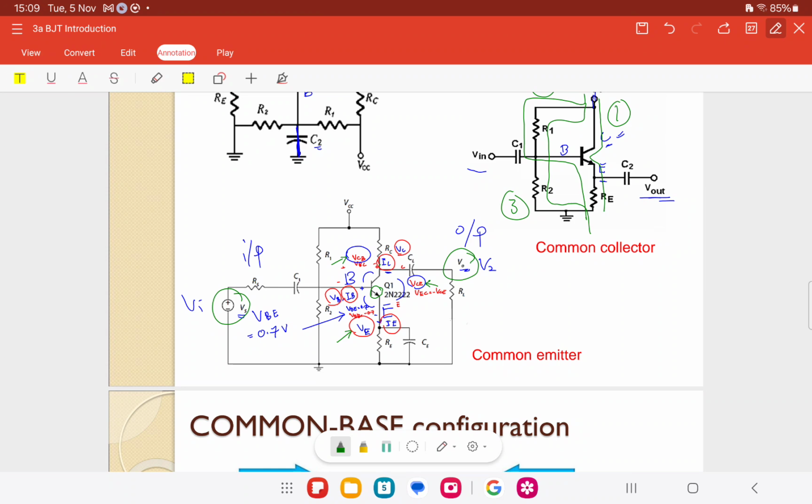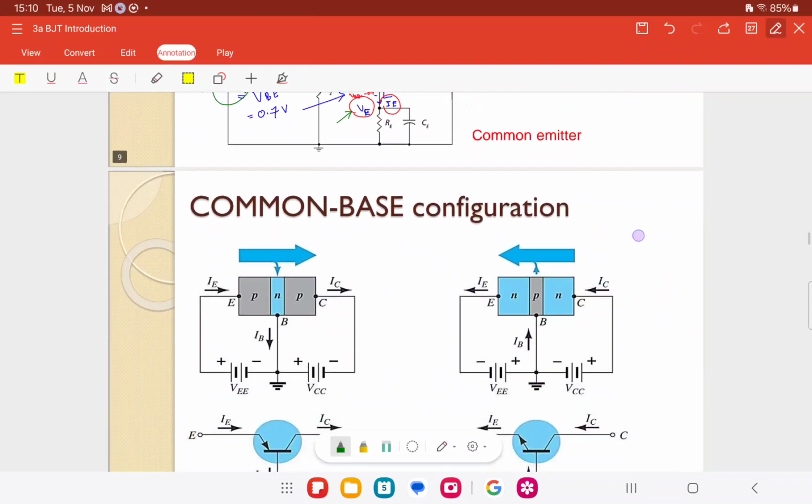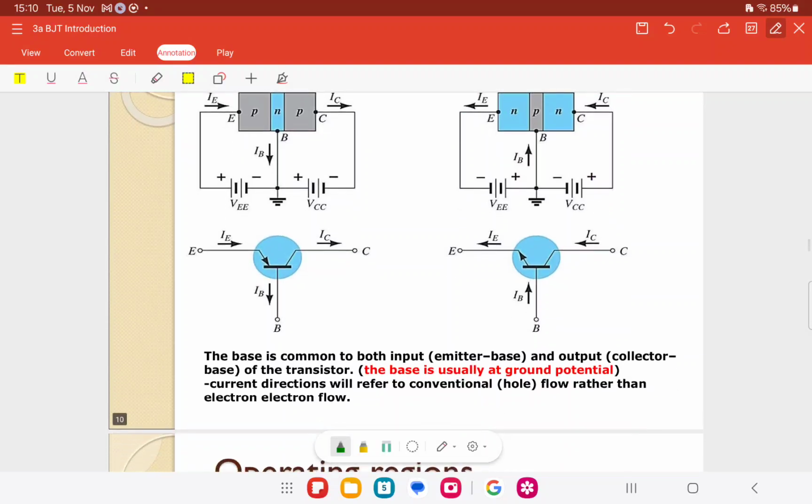Okay, once we have those things, we will carry the values into AC analysis. In AC analysis, this is the symbol for BJT. In AC analysis, we will not use this BJT symbol.